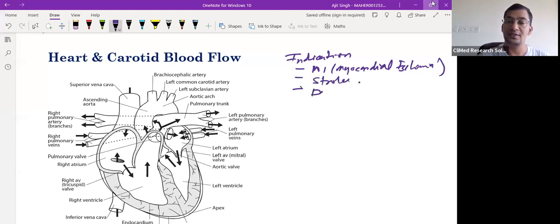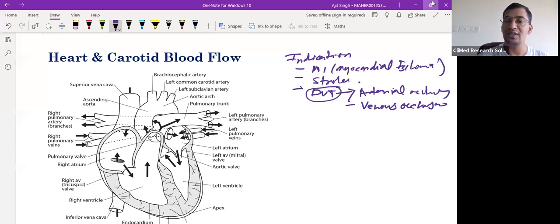Then third is DVT. DVT could be either arterial occlusion or venous occlusion. But why do we call it DVT only? Because in the name it is deep vein thrombosis, but later they have changed it to PAD. What is that?